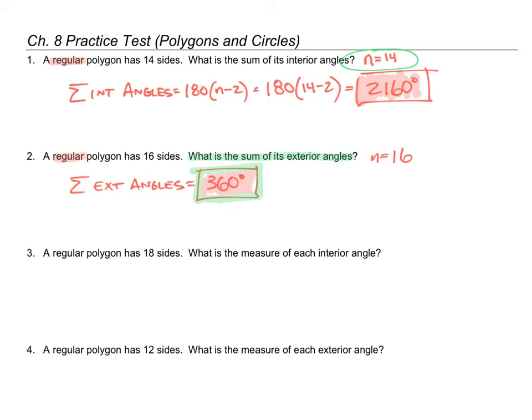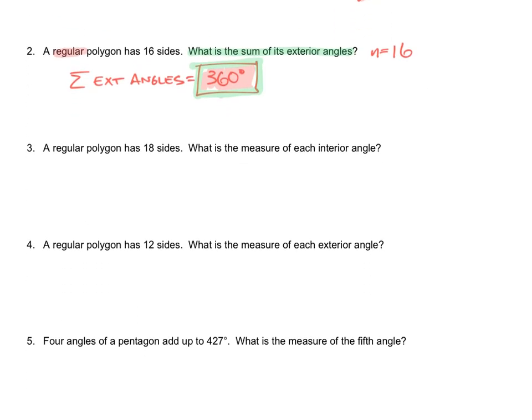All right, let's jump into number 3. A regular polygon has 18 sides. What is the measure of each interior angle? Well, here's that word again, regular polygon, and we've got n equals 18. I know that the sum of the interior angles is equal to 180 times (n minus 2).